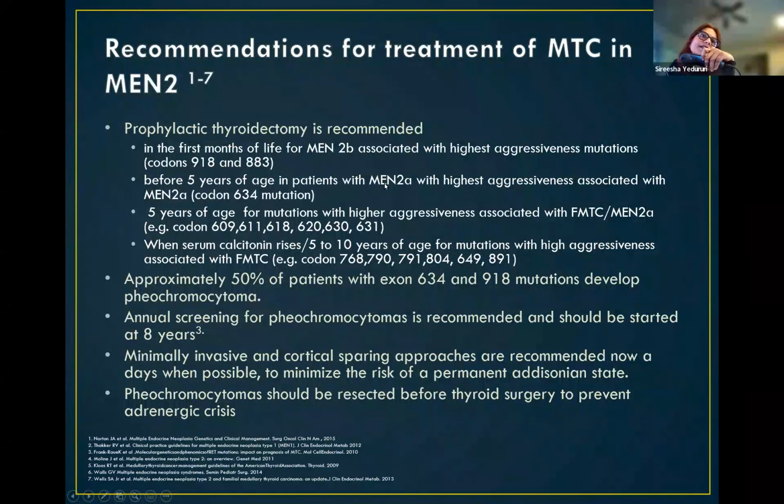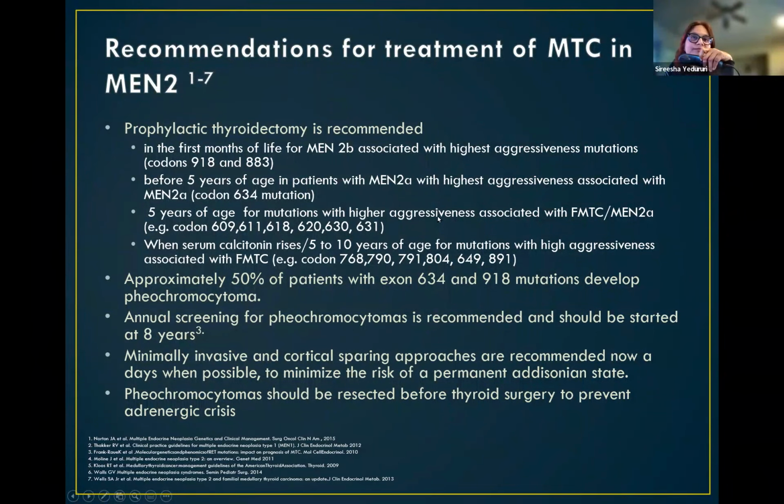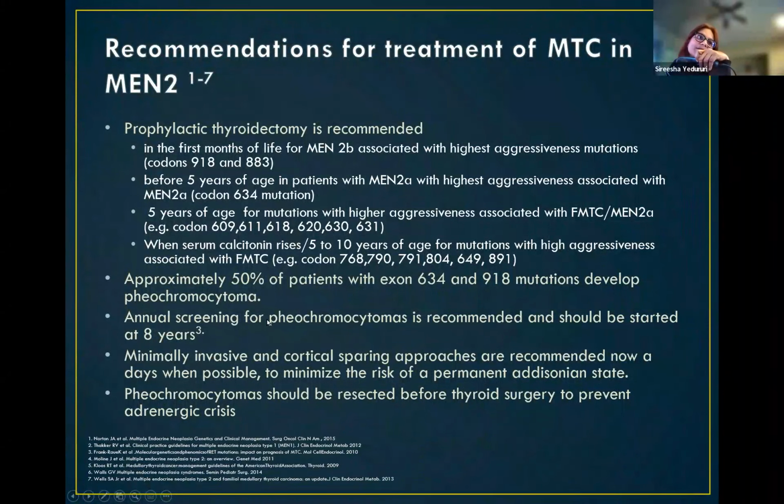Before 5 years of age in patients with MEN2A with an aggressive mutation. And then after that, at 5 years of age for the next level of aggressiveness, which is all these mutations. And then when serum calcitonin rises, or at 5 to 10 years of age for mutations with the next level of aggressiveness, is when prophylactic thyroidectomy is recommended.